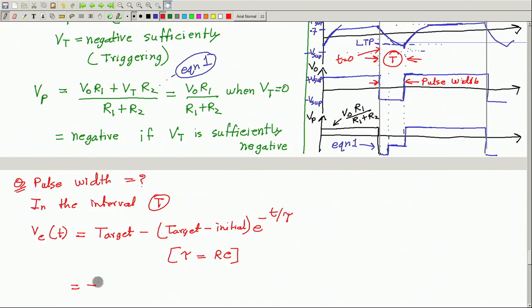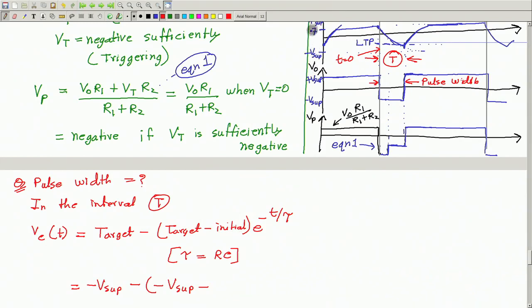So, the target voltage is minus V supply, minus the initial voltage, which is 0.7 volt, or in general let us write it as VDF, the forward voltage drop of the diode, whole multiplied by e to the power minus t by tau.